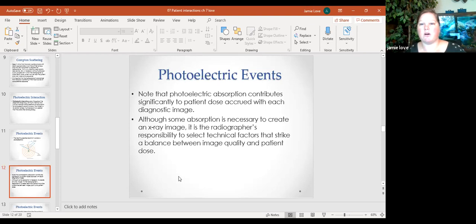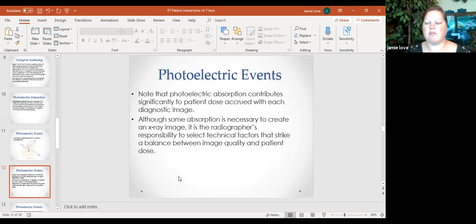This is where setting our technique on the control panel is our main job responsibility: setting the right KVP and mAs for the body part to balance image quality and patient dose. If we select a high mAs, we're selecting a lot of photons.